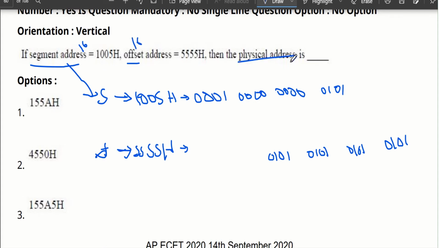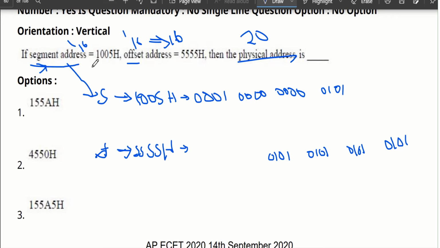And then it is asked to calculate the physical address, which is 20 bits. When we add 16 bits and 16 bits, we will get an answer of 16 bits, but it is asked for the physical address, which is 20 bits. So we have to change either this or this into 20 bits, but we can change only the segment address into 20 bits.